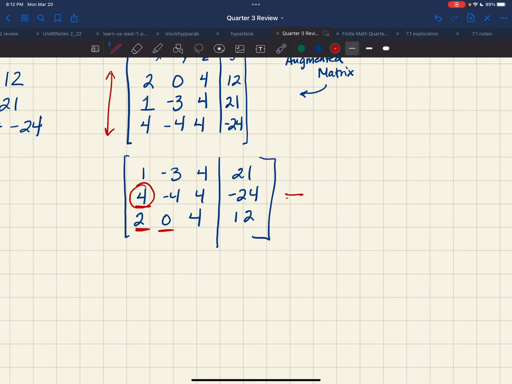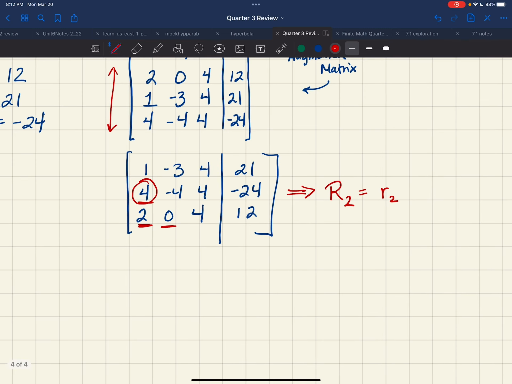So I have to do what's called a row operation. And I can choose any one of my rows. I'll just take a look at row 2 and row 3 on this one. So I'm going to want to replace row 2. Row 2 is good as is. So I'm just going to say row 2, it's 4, -4, 4, -24.